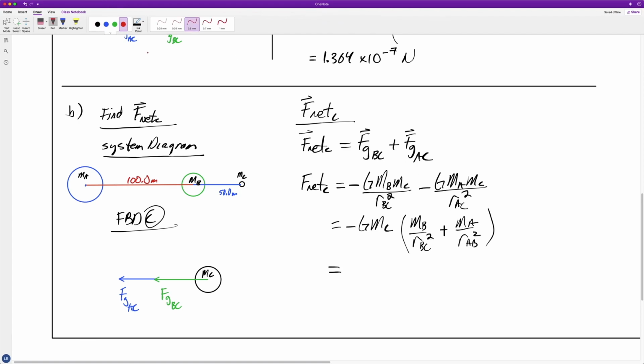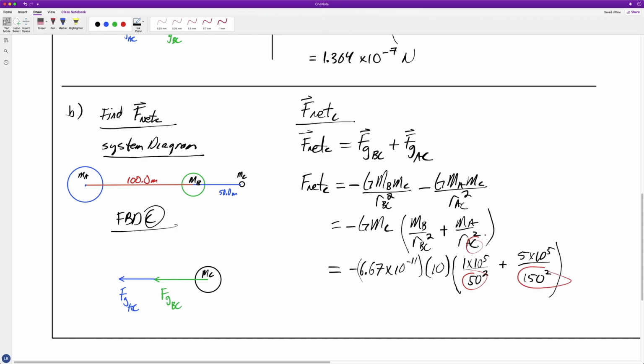Note, it's very important, I make this mistake all the time still. When you take the common factor of the negative, that turns into a positive, and that's an easy mistake to make. Very common. So notice this time RBC is 50 meters away and RAC is 150 meters away.